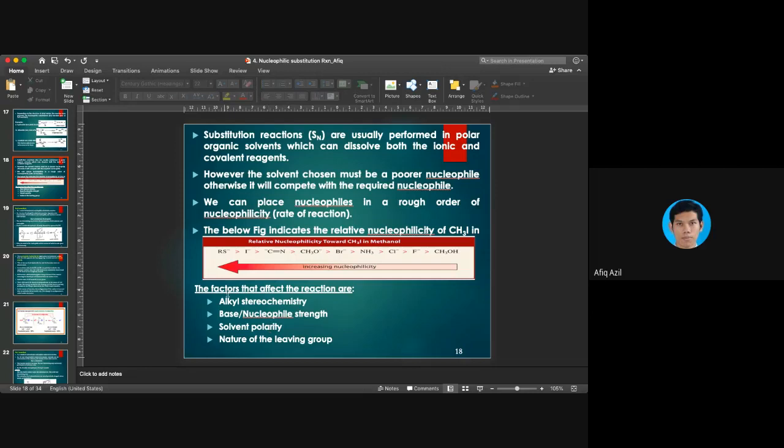And then solvent polarity, which is this one, and the nature of the leaving group. The leaving group is the halide itself. There are only 4 leaving groups since your starting material is an alkyl halide: Cl, I, Br, and F. You have to know which among these 4 is the best leaving group and which one is the least. I have already put that in the last slide.